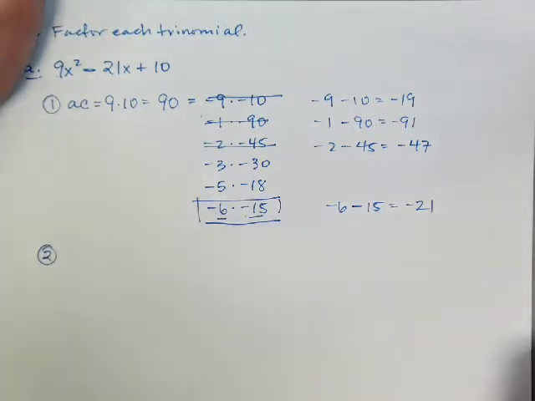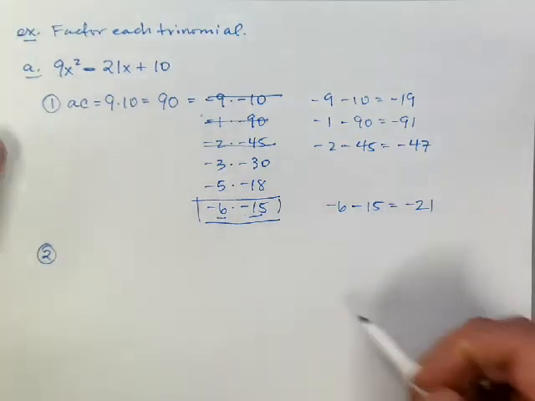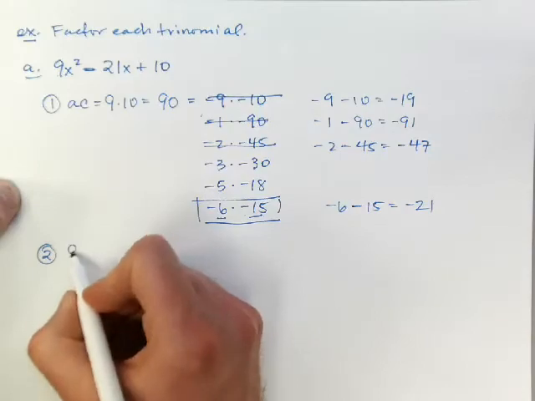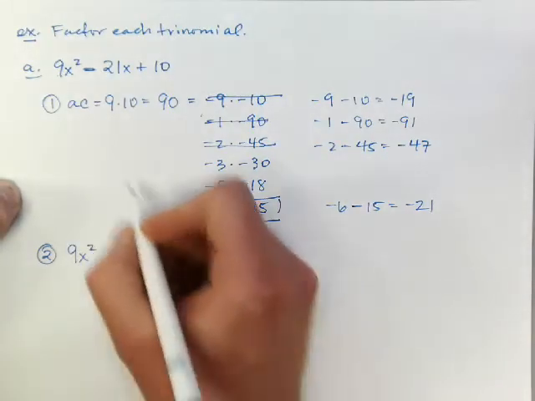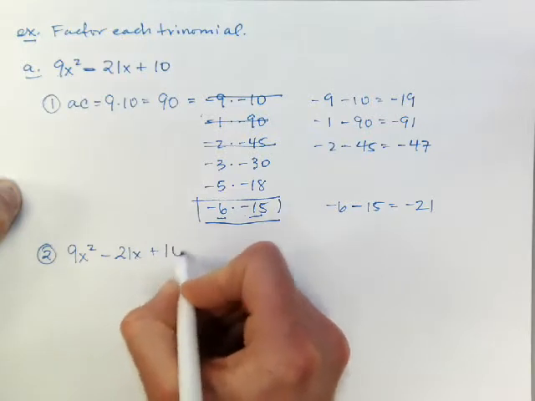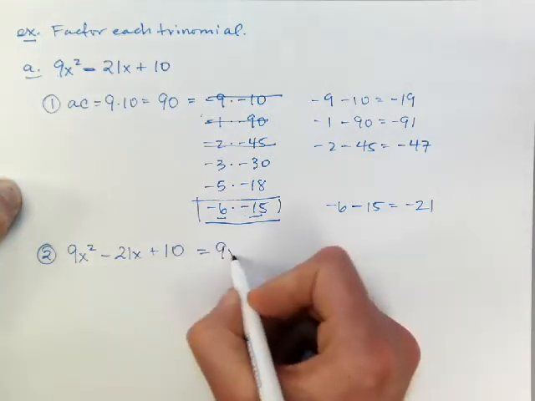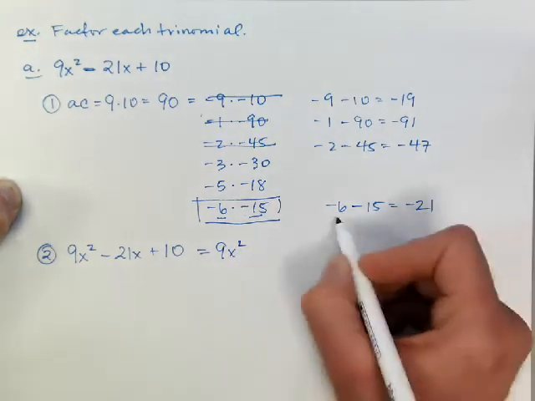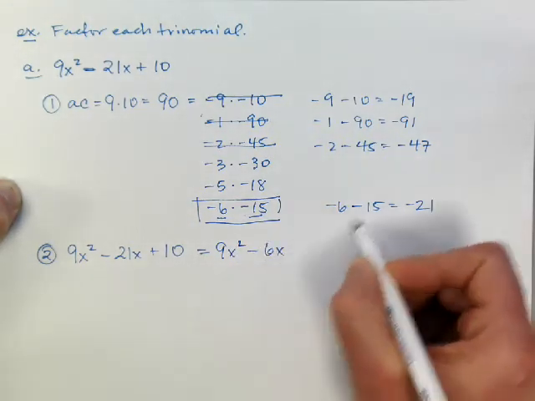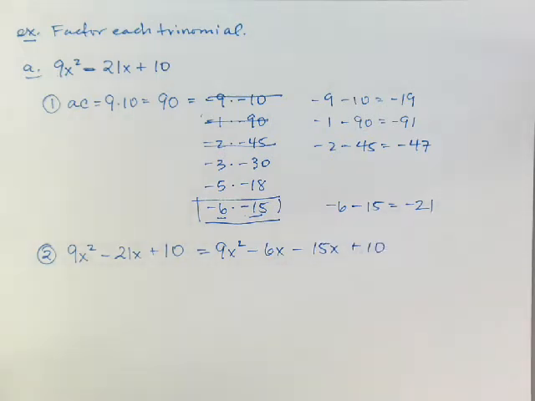Step 2. Remember, we're not ready to factor just yet. We need to split the middle term. So we're going to take 9x squared minus 21x plus 10 and rewrite it as 9x squared minus 6x minus 15x plus 10.